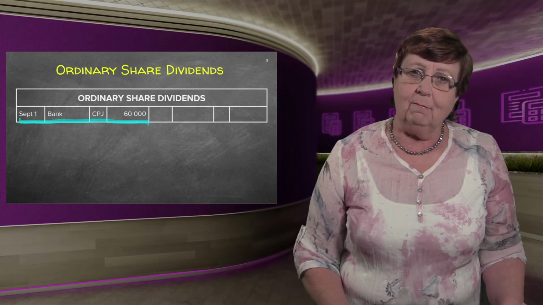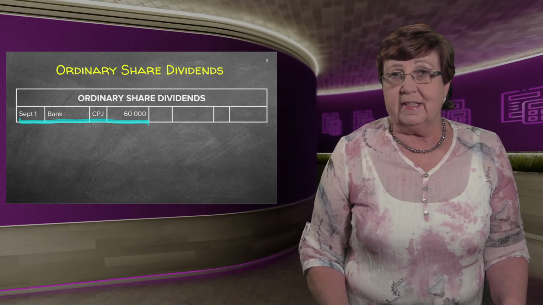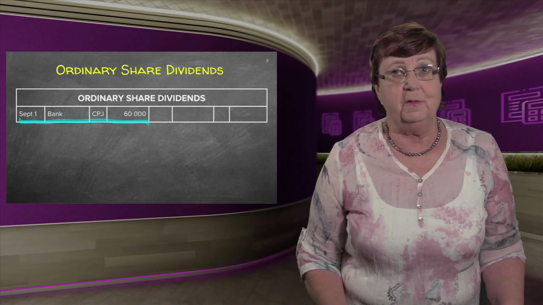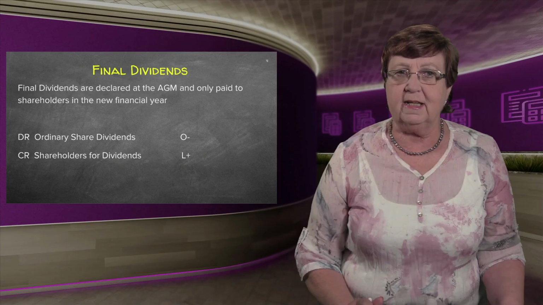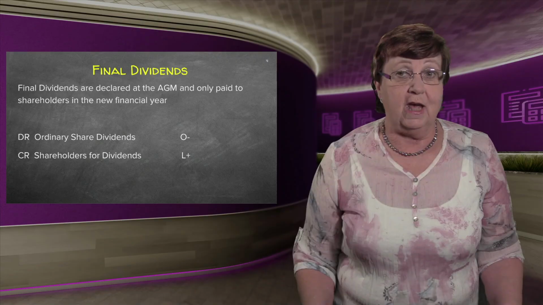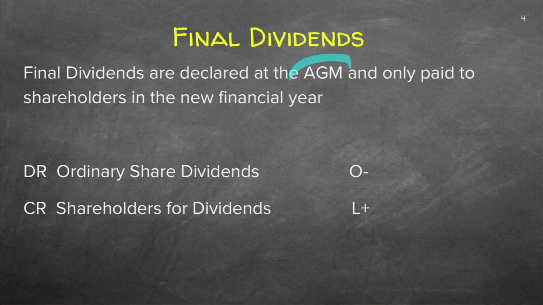Now we come to a final dividend. So final tells you it is probably going to be declared at the end of the year, and you'd be quite correct in your assumption of that. So at the AGM, the final dividends are declared. Again, AGM's popping up again. Do you remember?